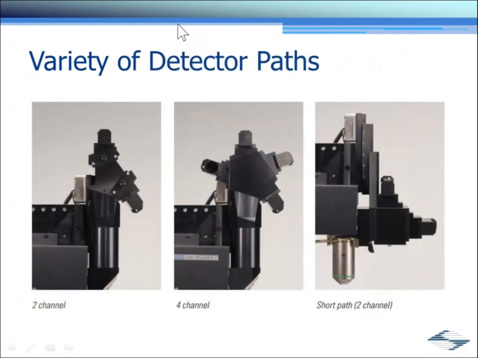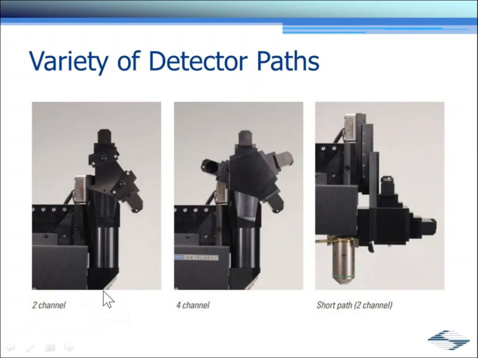Okay, and how can we mount those detectors on our microscope? Well, here are three detector arrangements. On the left-hand side, we see a two-detector option. One PMT would fit right here, and the other PMT would be in this module right here. Filtering done here and here.